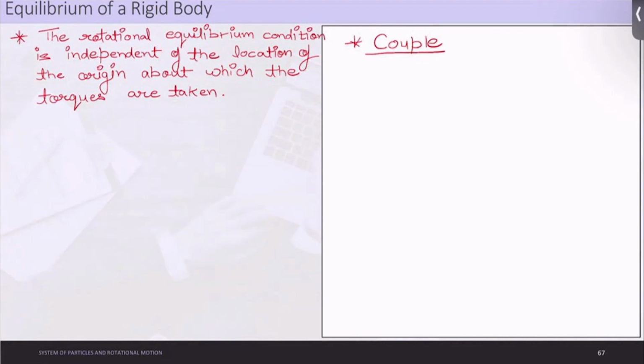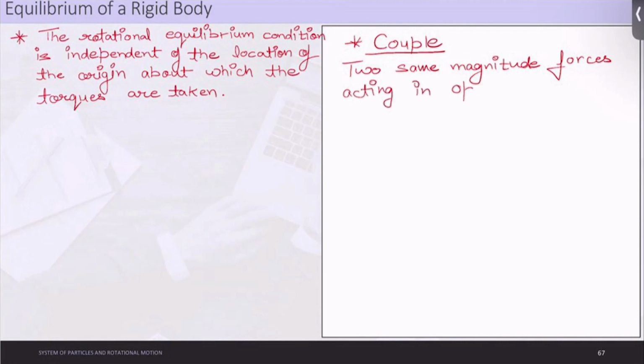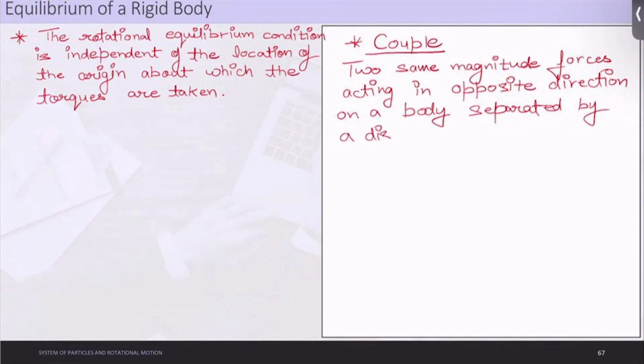A couple is two forces of the same magnitude acting on the rigid body in opposite directions, separated by a distance, let's say r.